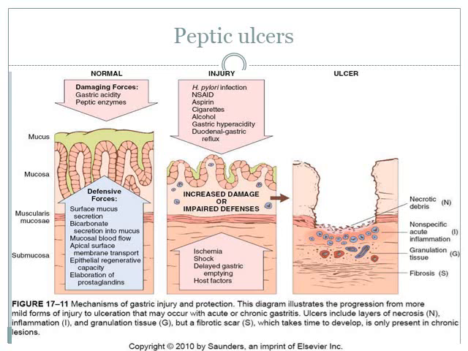And if we have something that destroys our defensive system, like a reduction in blood flow, something that slows down our peristaltic motion, or age and degradation or existing conditions, then we're going to have a mishmash, if you will, that leads into the damaging forces. And what happens then is the gastric juices start digesting our cells. Okay, so they digest us, and then we end up with an ulcer.